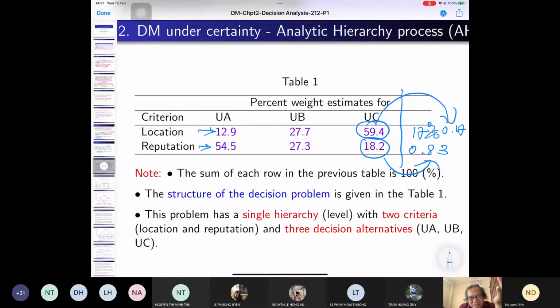Of course, when you have learned the method I taught you, it's easy. But for example, if you don't have anything in your mind and you don't have the method, then based on what numbers can we choose the best university?